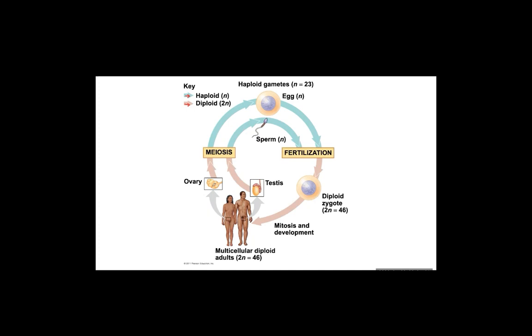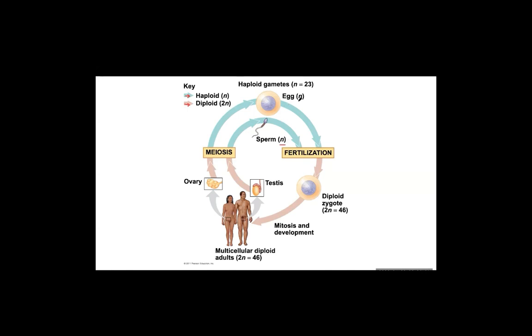When you look at these women and men, they mature and reach puberty, then they have the ability to produce oocyte and sperm from ovary and testes, respectively. When gametes are formed, they undergo meiosis. Then sperm and egg are formed. These sperm and egg are haploid.